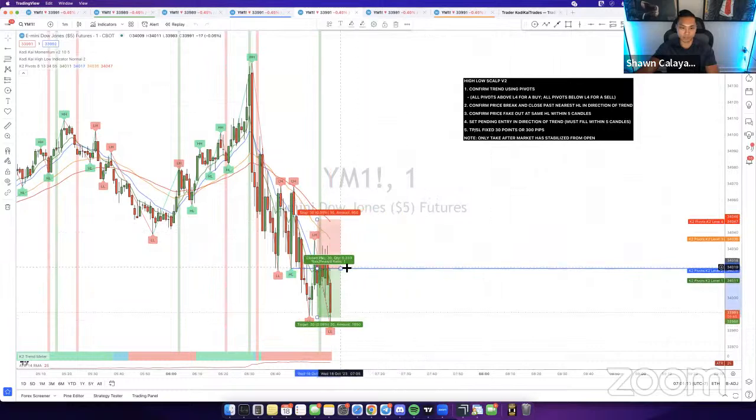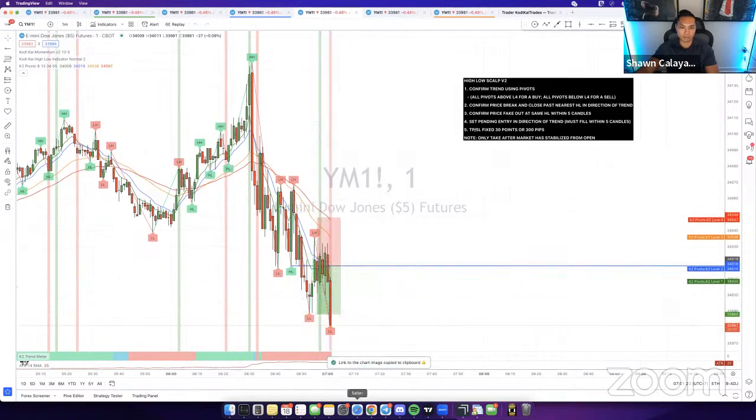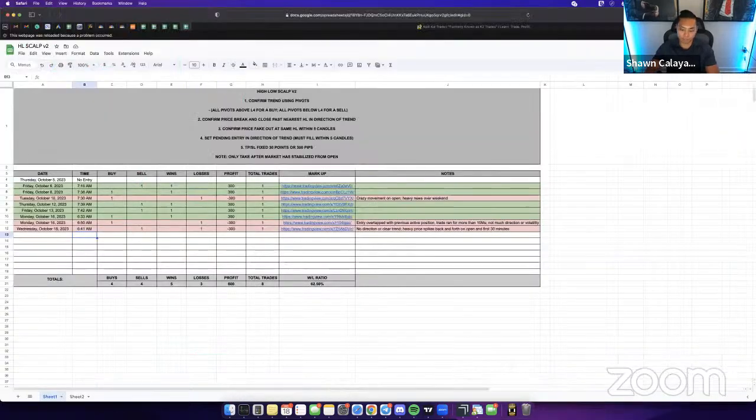Full TP. So if you guys took it full TP, I didn't take the trade, so obviously it's not going to count as an official entry, but I will mark it up in the spreadsheet. So 656 entry came up. 2 entries for today. So this was a win, 300.